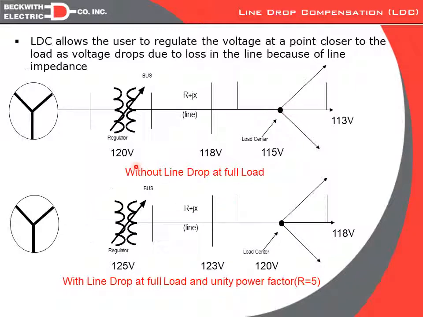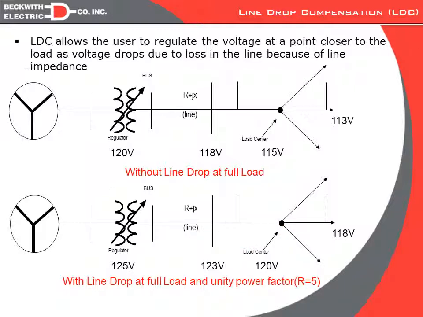So if we look at it and we say that there's a 5 volt drop at full load, what we're saying is if I were to regulate at 125 here, that should keep us at 120 there, and therefore if we were to assume that this impedance was all resistive, we would need an R of 5.